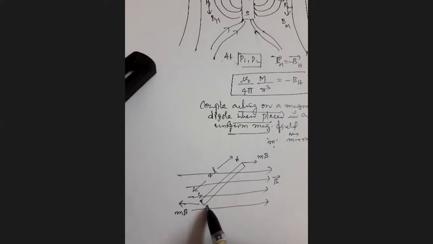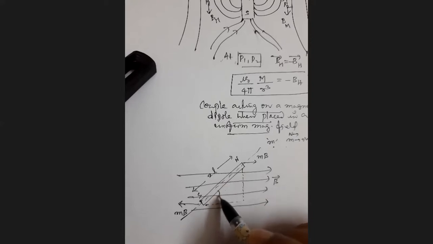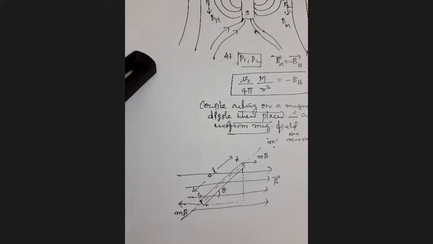So here at two different points on the bar magnet, two equal forces, that is mB, are acting in opposite directions and parallel, right? Here the angle between the magnetic axis, that is the dipole axis, and the field direction is theta.